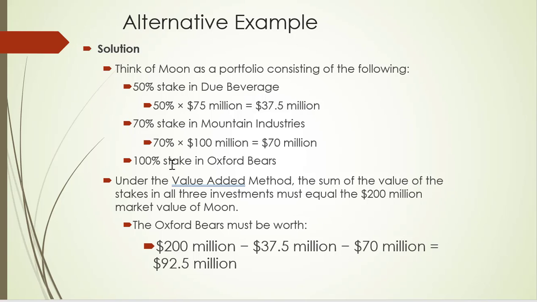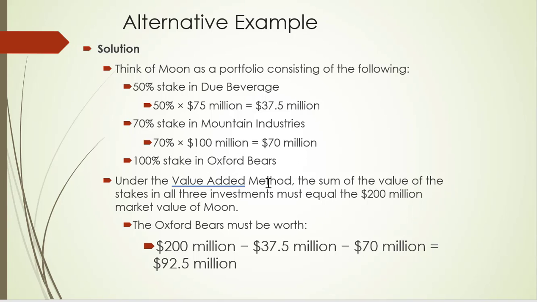And of course, they have a 100% stake in Oxford Bears. So our formula is: 200 million is the value of the entire company. Subtract the 37.5 million for Do, subtract the 70 million for Mountain. That leaves us with 92.5 million for the Oxford Bears.